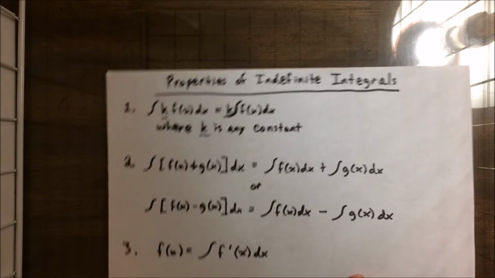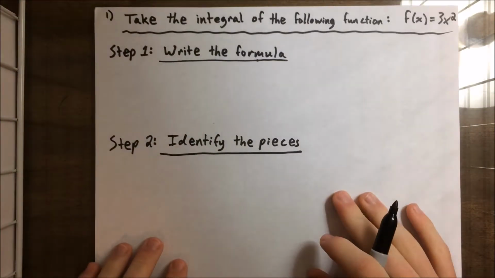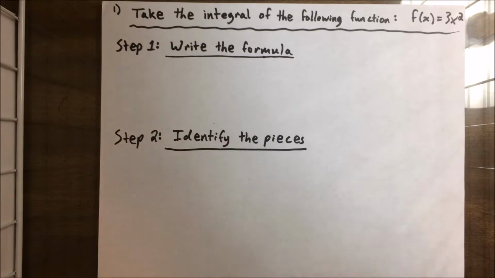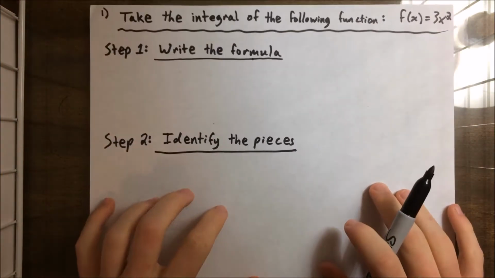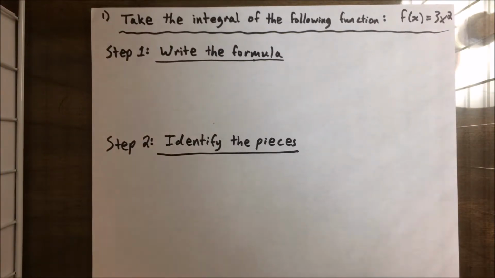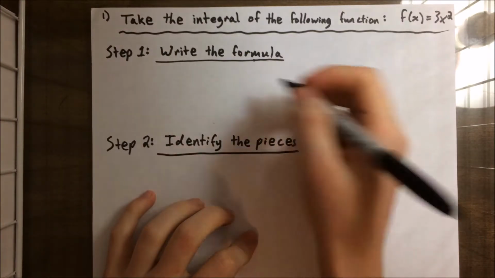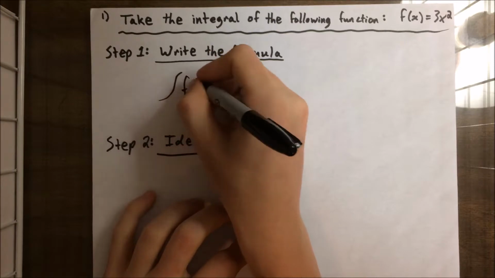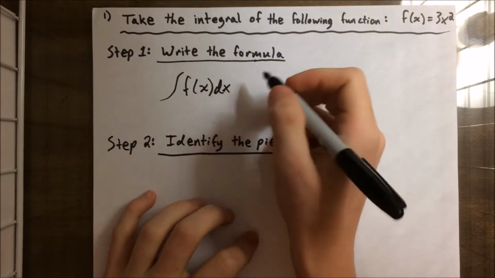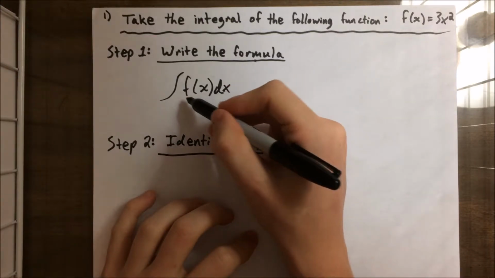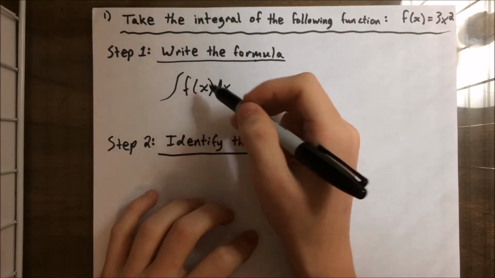Now let's do an example. In this example, we are to take the integral of the function f of x equals 3x squared. To start, let's write the formula. The integral of f of x dx; you've got to remember the dx, because that tells you what you're integrating.